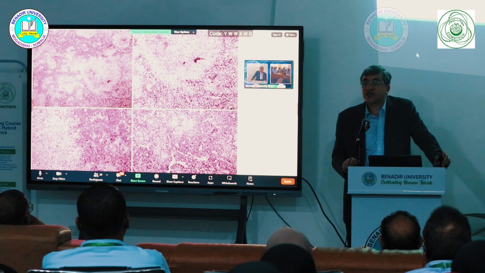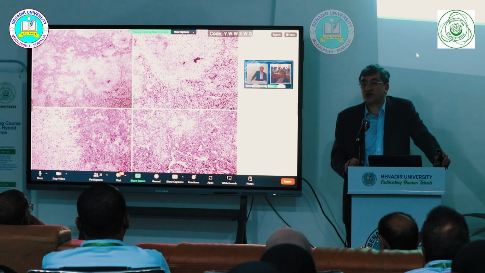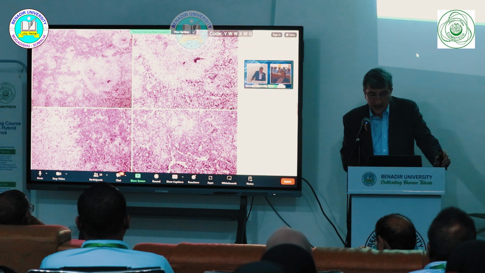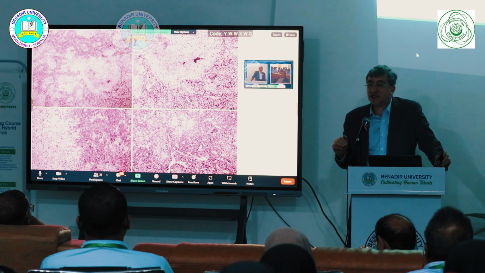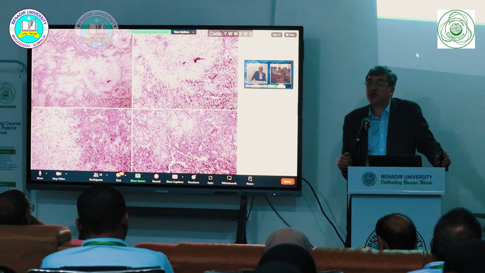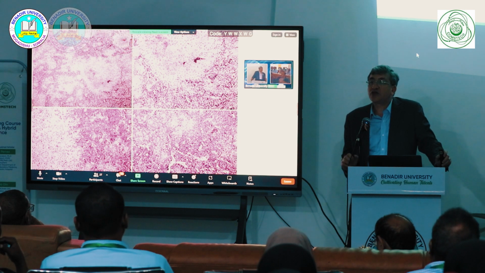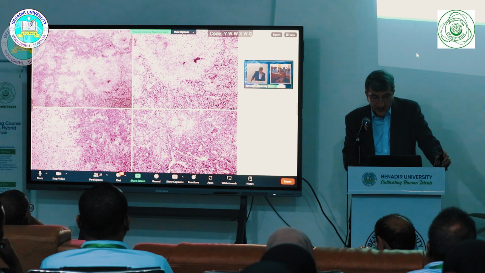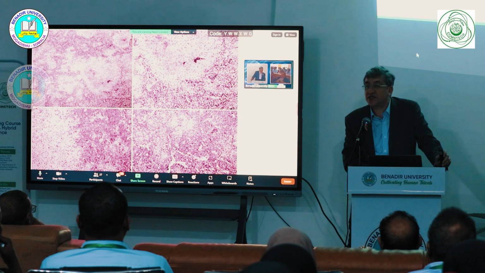So this is a case of mesenchymal chondrosarcoma. Mesenchymal chondrosarcoma has areas which are morphologically and immunohistochemically similar to Ewing sarcoma. Additionally, you see some pink osteoid-like matrix here.